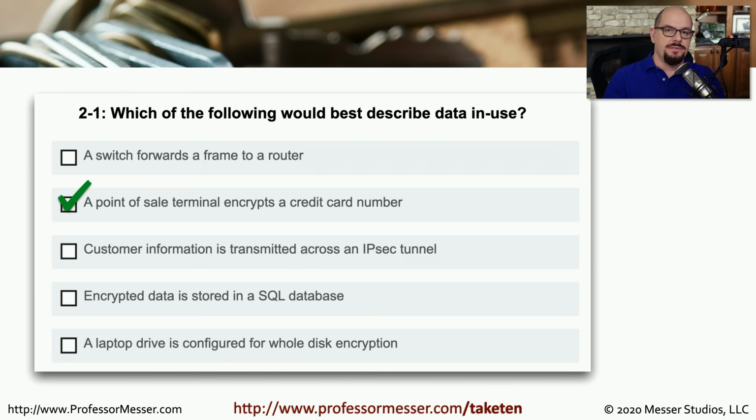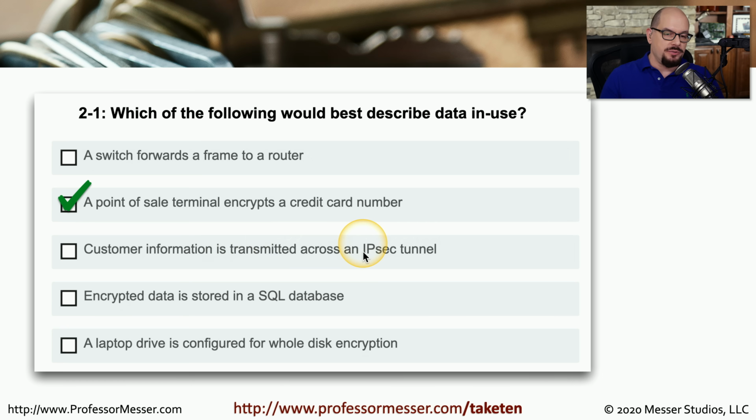The two other types of states of data you might run into are data in transit, that is sometimes called data in motion, and that's data that's being sent across a network. And there's also data at rest, where data is being stored onto a file on a storage device. All of the other options that we had available were either data in transit or data at rest. A switch forwarding a frame to a router is data in motion or data in transit.